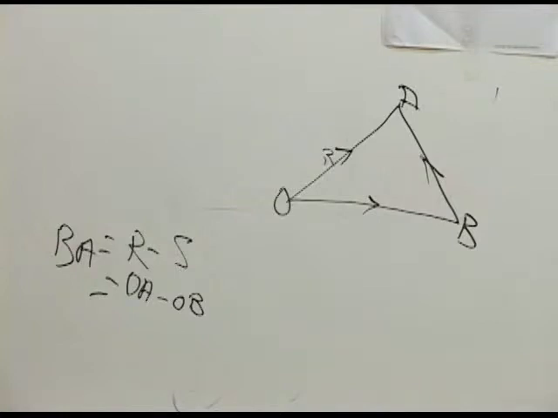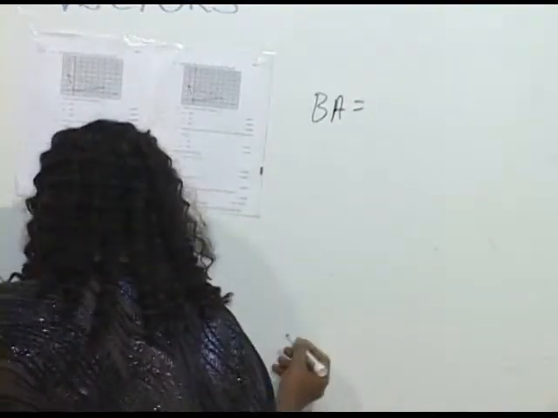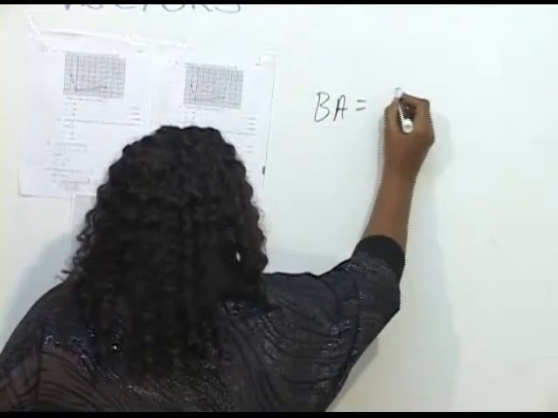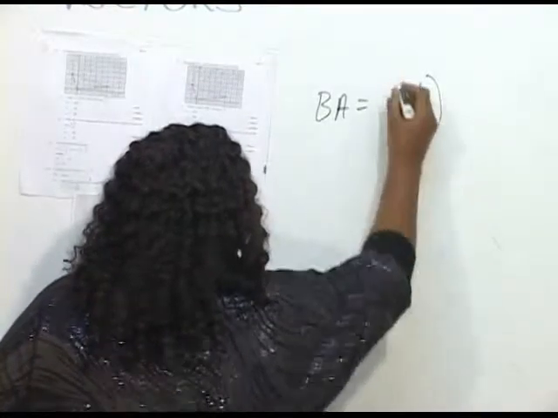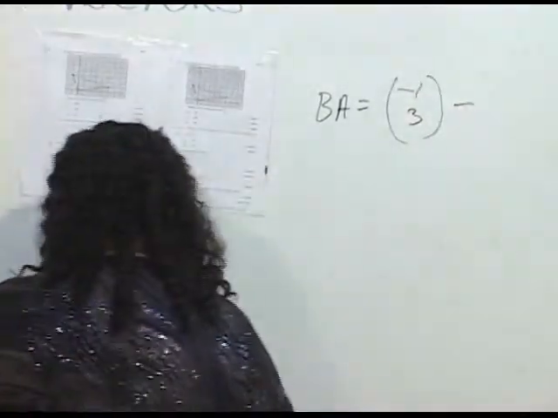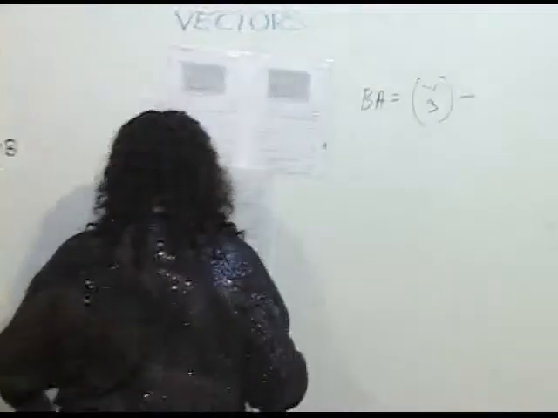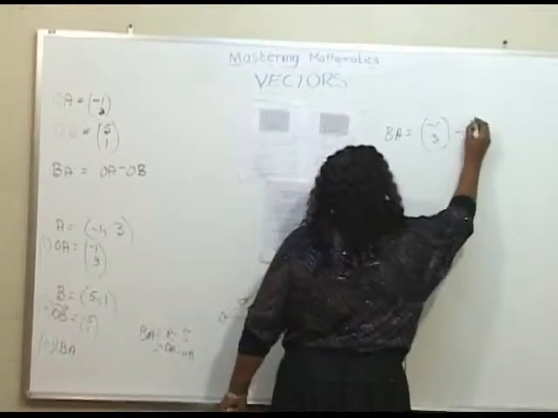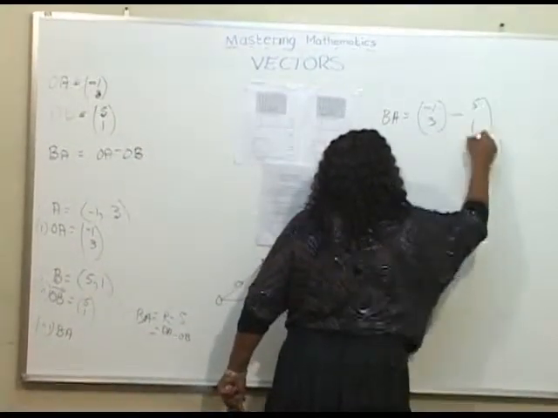So then this would be equal to, so we have our value already for OA, and OA would have been equal, let's put it up high so that we can see that we're finding BA, which is now equal to the value of OA, which is negative 1, 3, and it is minus the value of OB, which is equal to 5, 1. Okay?